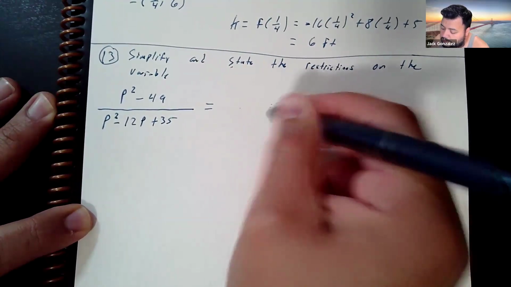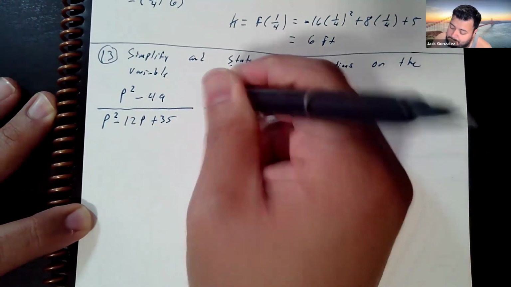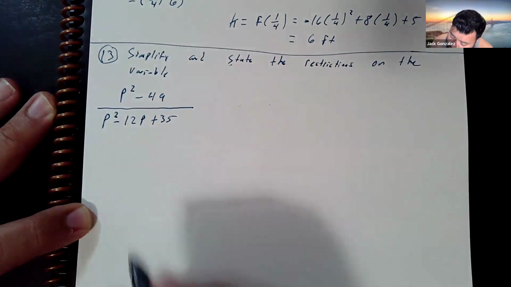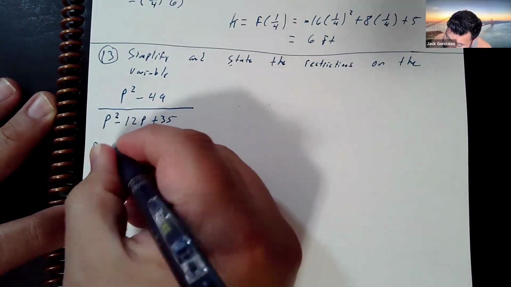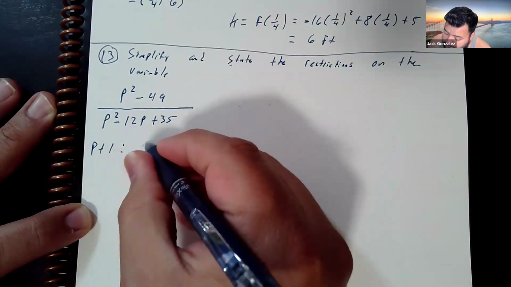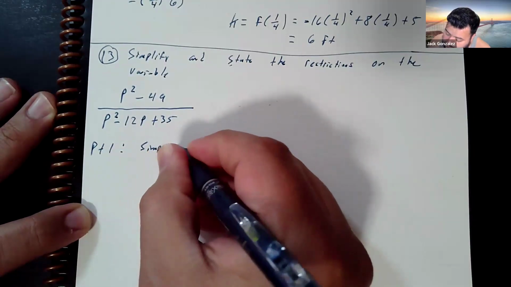Write the instructions or the question first. Part one, simplify. So how does the top part factor?